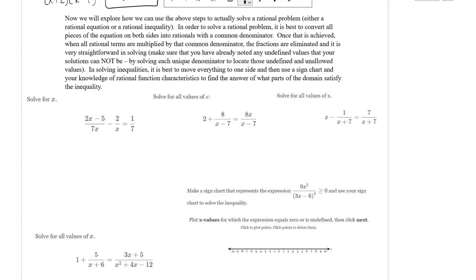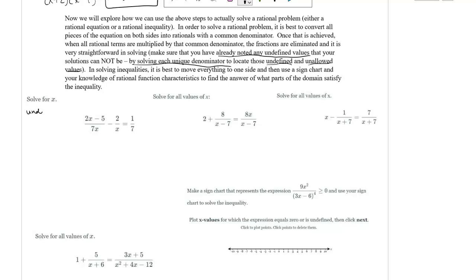But what we do have to make sure is that we've already noted any undefined values that the solutions cannot be. And we do that by solving each unique denominator to locate undefined or unallowed values. So I could look at this equation right here and go, look at that denominator, some of those denominators that contain x. What would be the value of x in this denominator that would make the rational undefined?